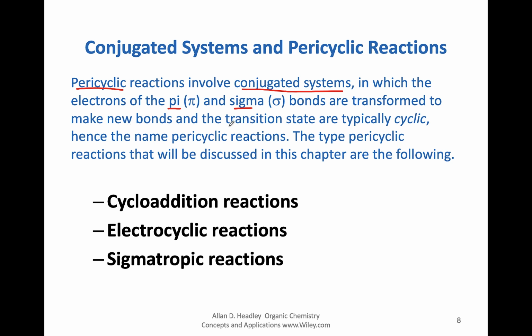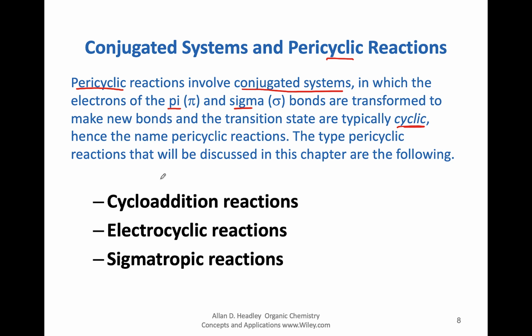Typically, the transition state is cyclic. That's why it's called pericyclic reactions. So this is a new type of reaction, which deals with conjugated systems where pi and sigma bonds are transformed into new bonds.